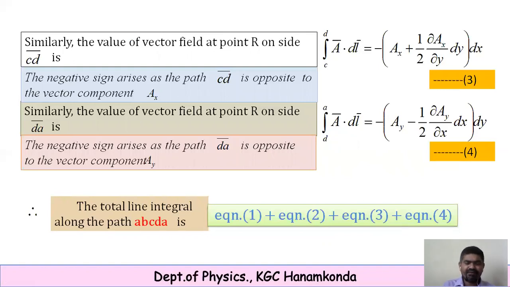Now I want to find the total line integral along the path ABCDA. This is the closed loop. Therefore, I just have to sum all these four equations, and then I get the total line integral along the path ABCDA.